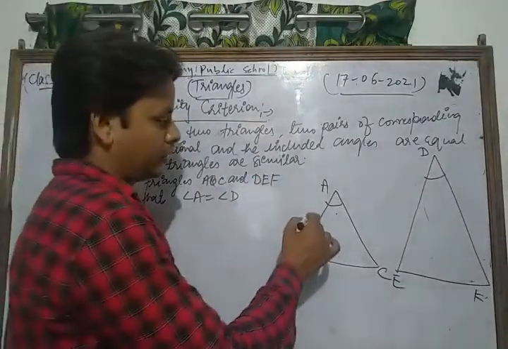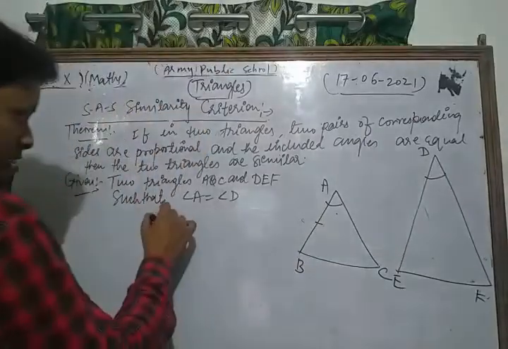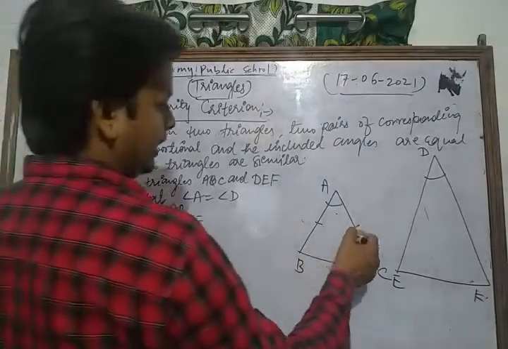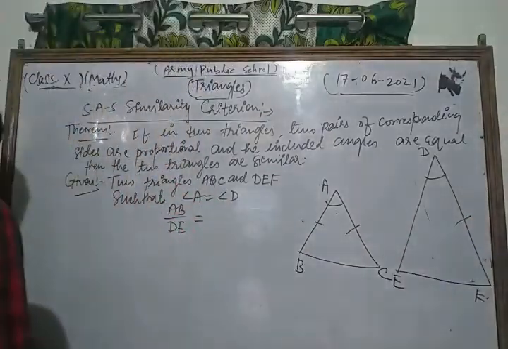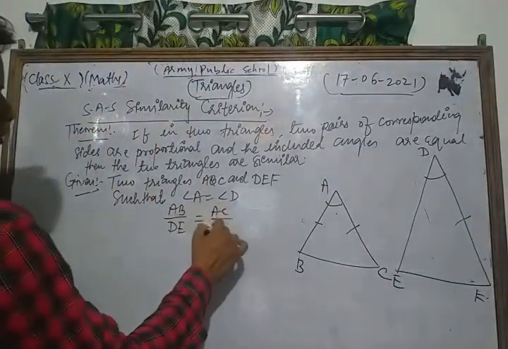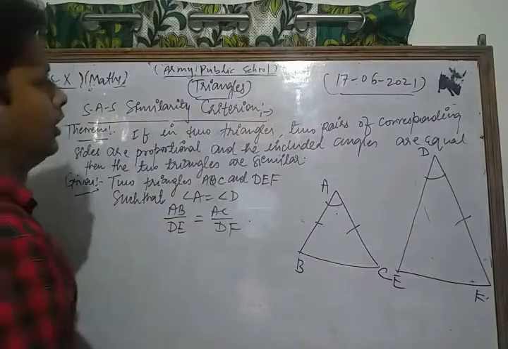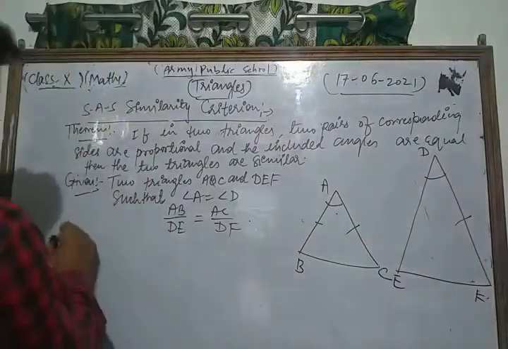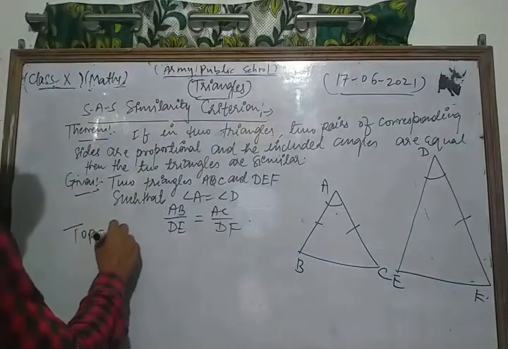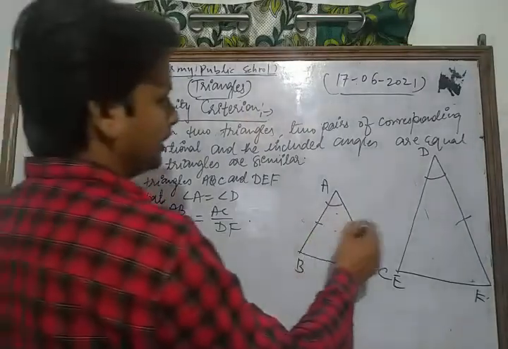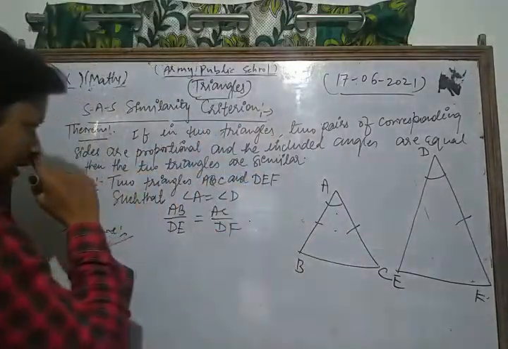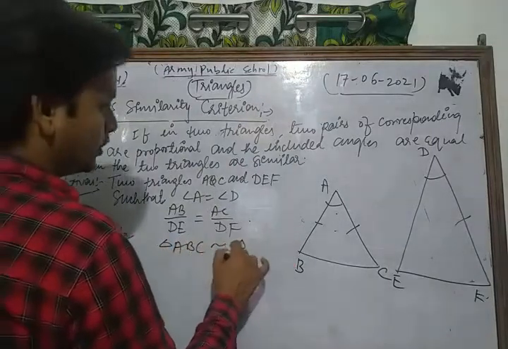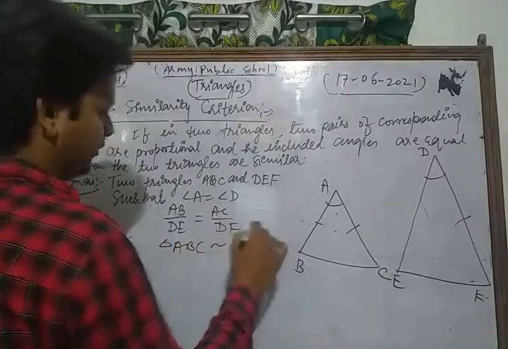So here the two pairs of corresponding sides are AB upon DE is the same as AC upon DF. So this is given, and now we write to prove. We have to show that the triangles are similar, means triangle ABC is similar to triangle DEF.